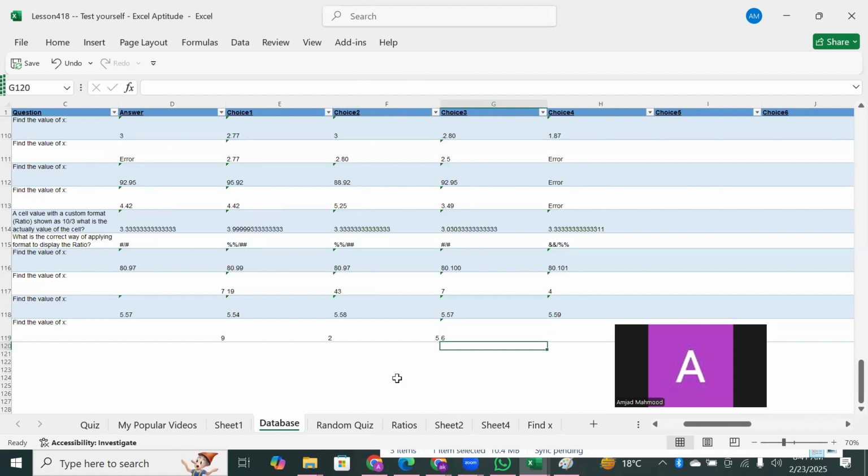But since all our numbers have to be left justified so that they look nice in the quiz, what we do here is we left justify them, by putting an apostrophe, you make the number a text.